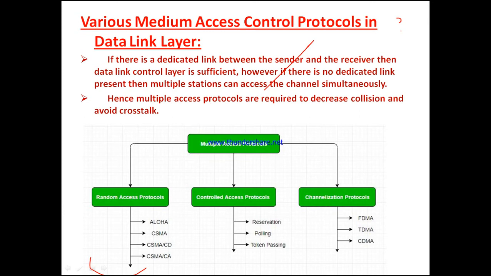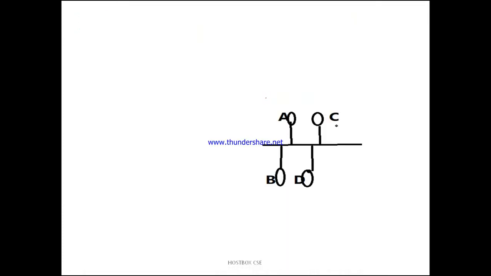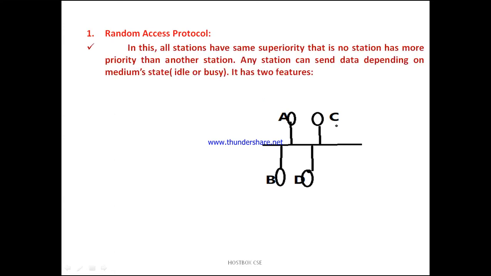In controlled access protocols, we have methods called reservation, polling, token passing, and so on. And in channelization protocols, we have mechanisms like FDMA, TDMA, CDMA. The upcoming sessions will explain the topics not covered here.